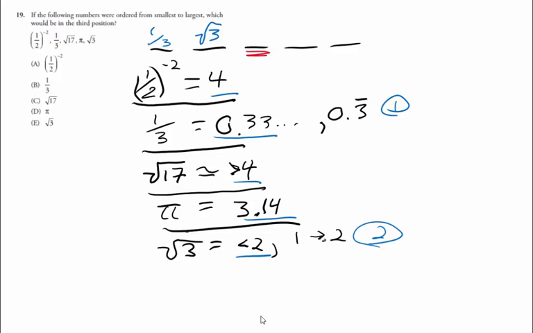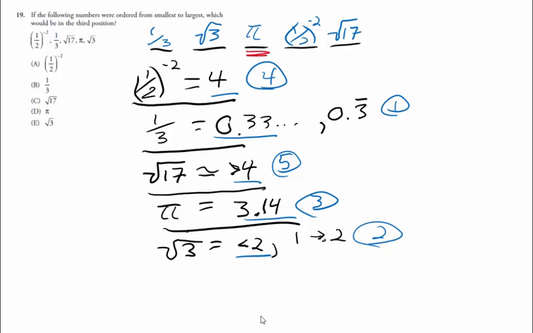Our third number is actually going to be pi. Our fourth number is 1/2 to the -2. And then our fifth number is the square root of 17.